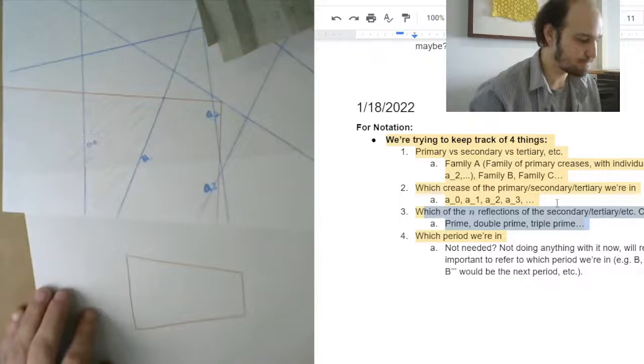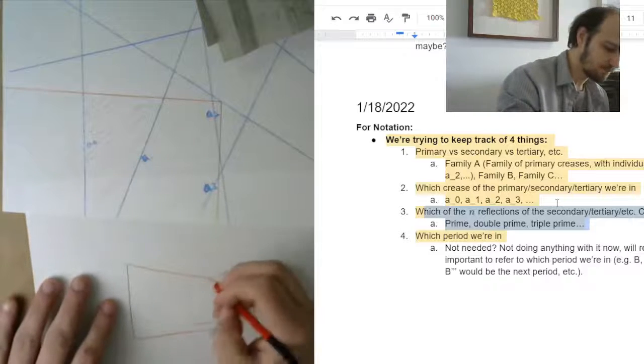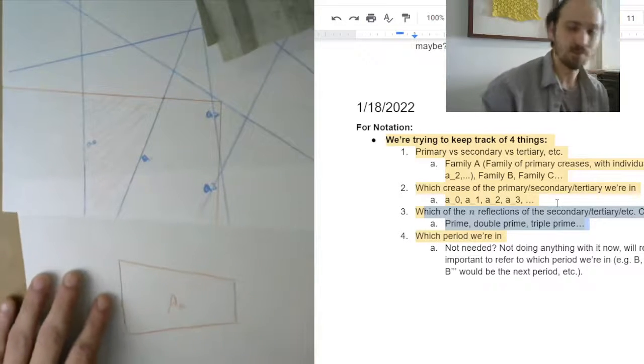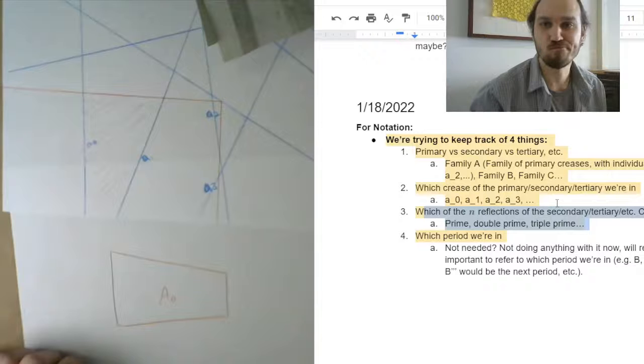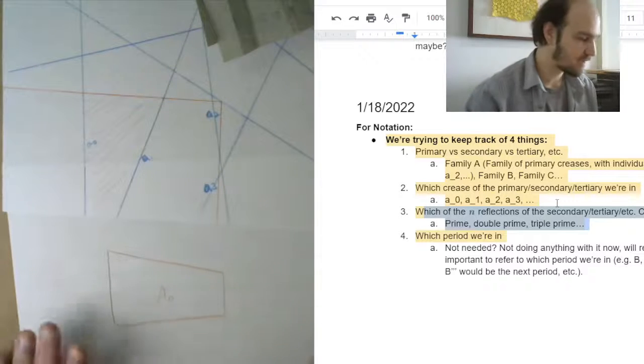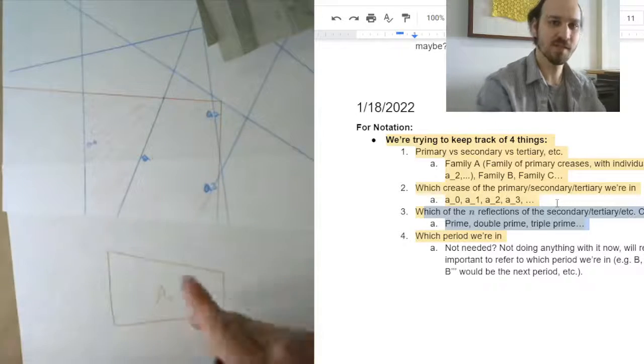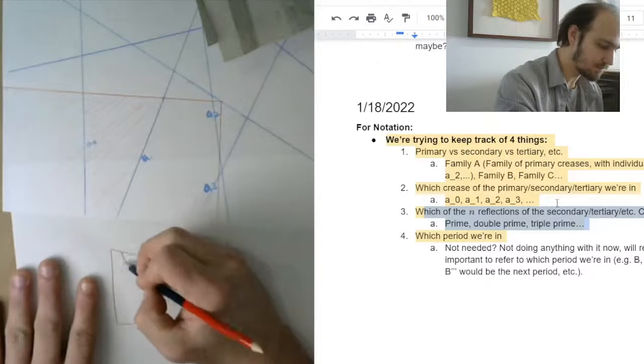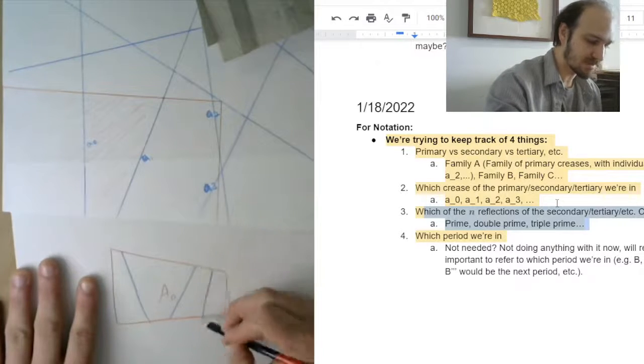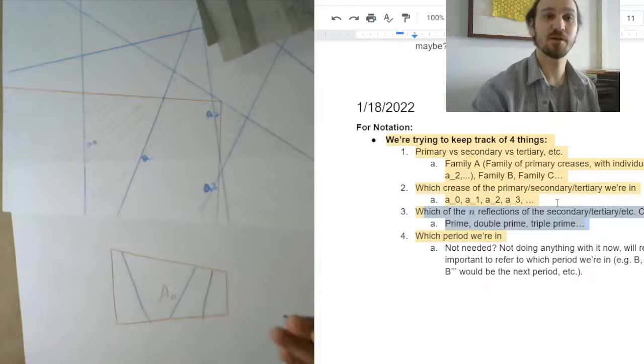That's your, I don't know, A0 region. There's probably better notation for that. But then on top of that region, you set up more creases inside of that to be a new set of primary creases.